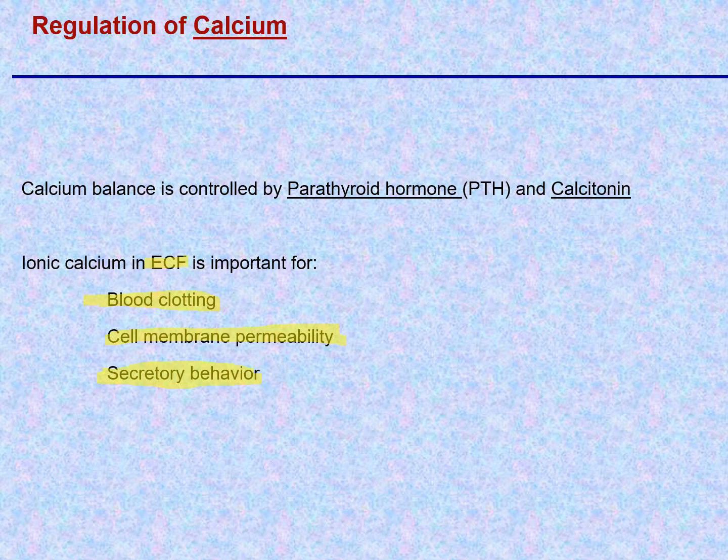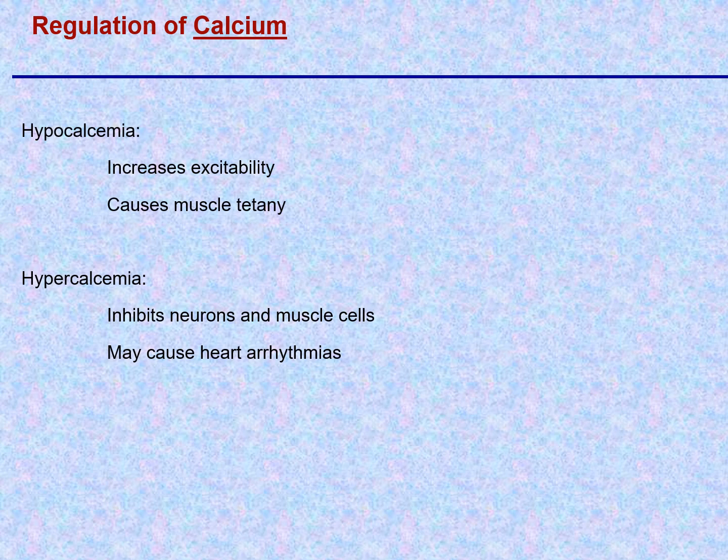It is controlled by a hormone called parathyroid hormone. It's also controlled by calcitonin, but much more so by parathyroid hormone. That's a major hormone controlling calcium levels or calcium balance. I would remind you, it's not on the slide, that parathyroid hormone, or PTH, is produced by the parathyroid glands.